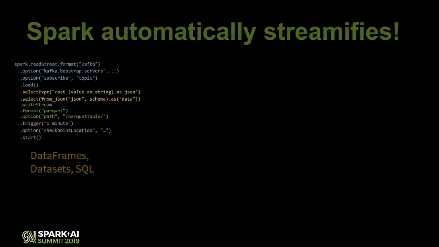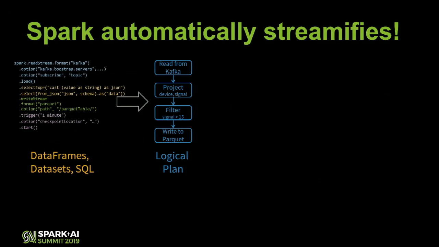Now, when you say start, what structured streaming does underneath is that it takes this code and converts it into a logical plan, which is a pure logical representation of what it is that I want to do. Basically, I want to take some data, read from Kafka, parse it in a particular way, and then write it out to Parquet. Pure logical description.